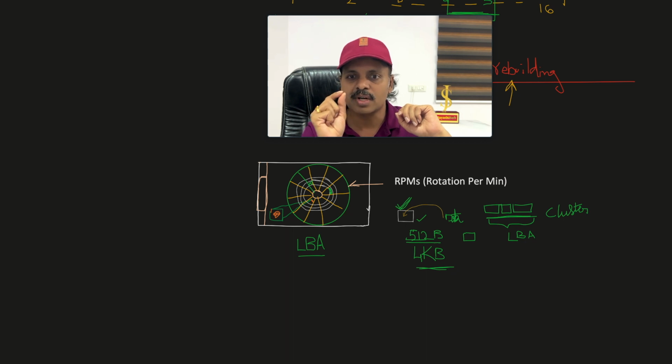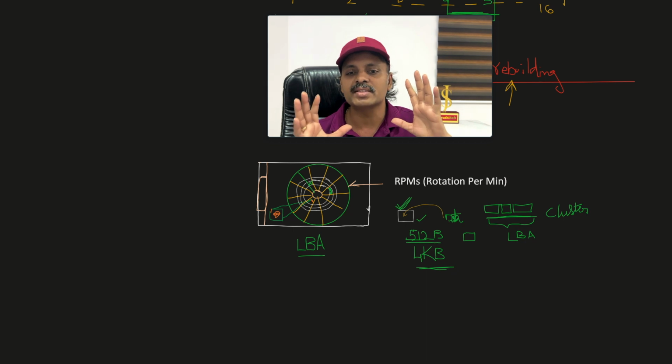That is the smallest part where we can write our data. That means if I am creating the smallest file, that file will be sitting in that one sector. Like that, in your hard disk there will be so many sectors based on the size.